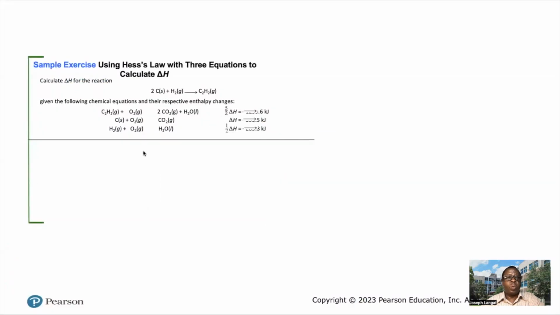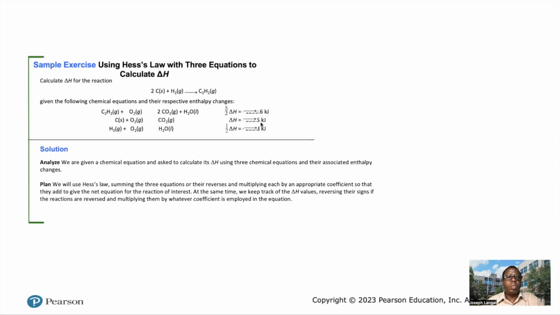It's the same as what we just looked at, using Hess's law with 3 equations to calculate the overall change in enthalpy for the reaction. So here are the few, you may not see that. Let's see if I can fix this so that you can look at it.